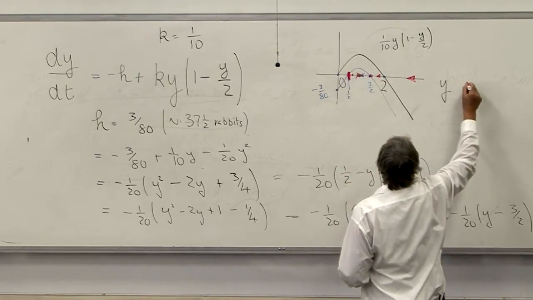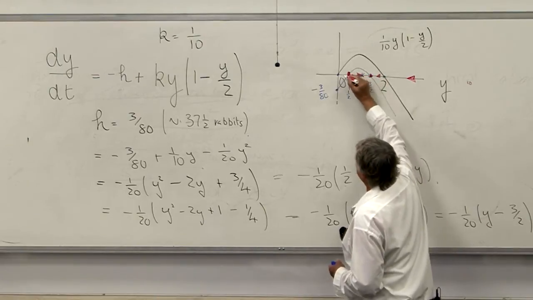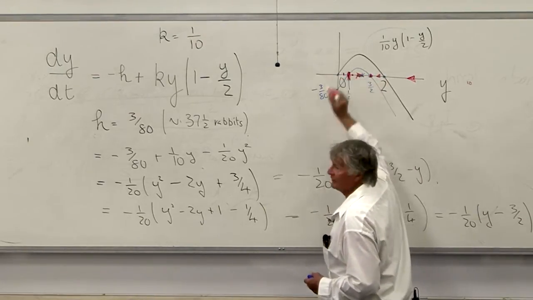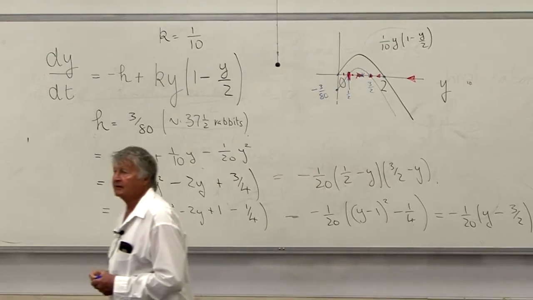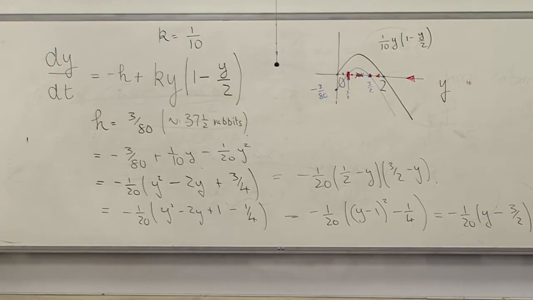Up to here, up to forever, then I'll end up here. If I actually start at here, I'm in trouble. It'll go back to 0. With a rabbit population under the 1/2, that's right. If the initial rabbit population is under 1/2, you'll wipe them out because you've issued too many permits.